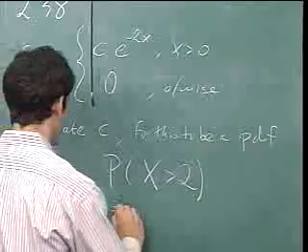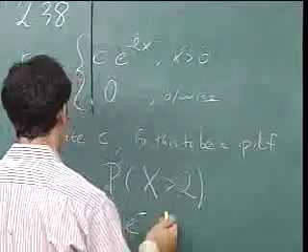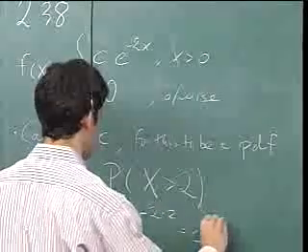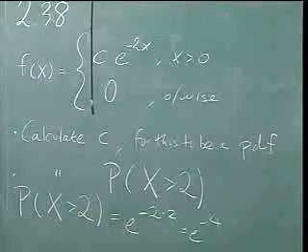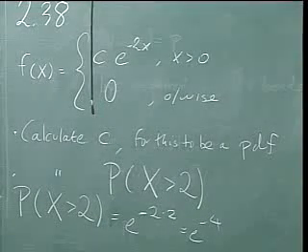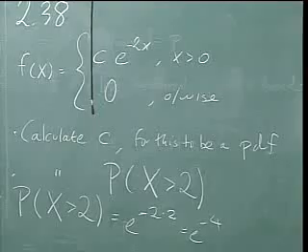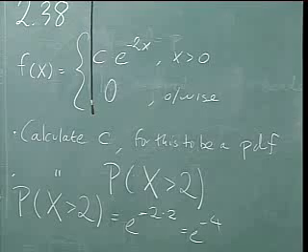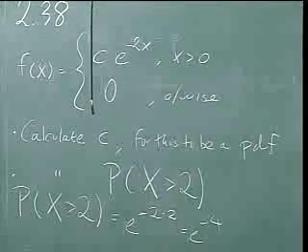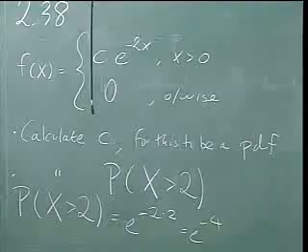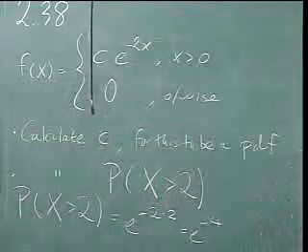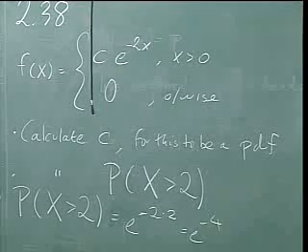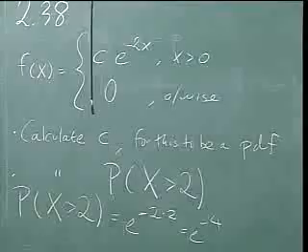So for our exponential, it will just be e to the minus 2, because lambda is equal to 2, times 2, which is e to the minus 4. Any questions? Okay, let's move on.